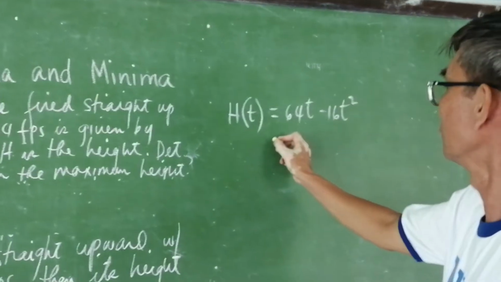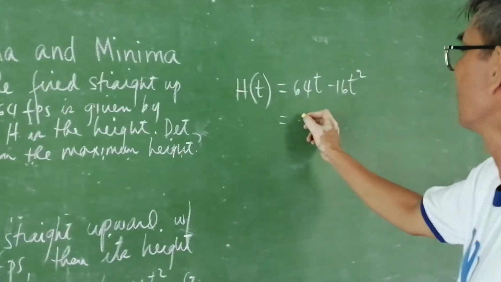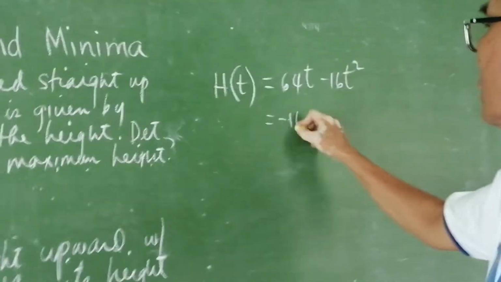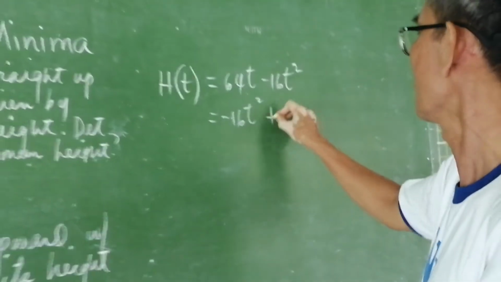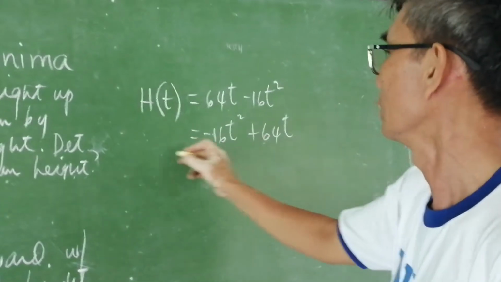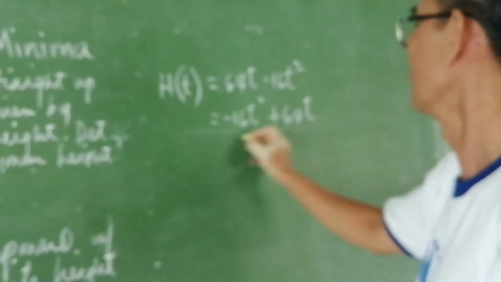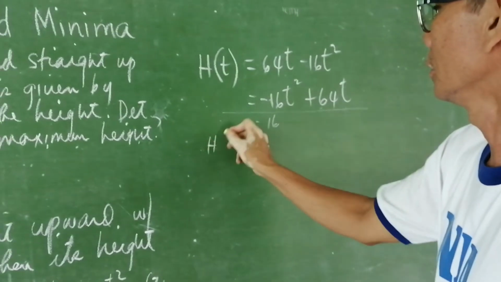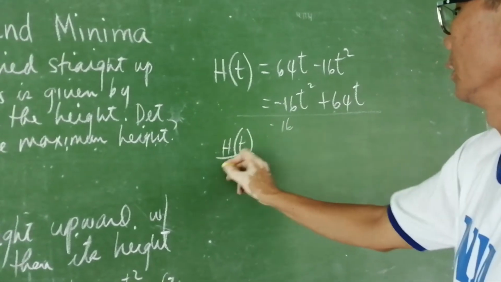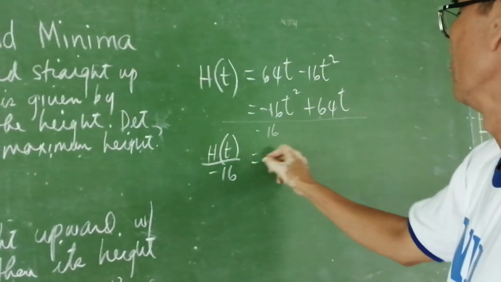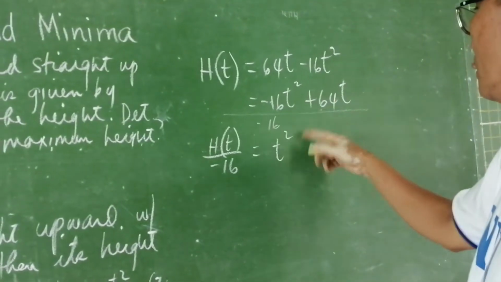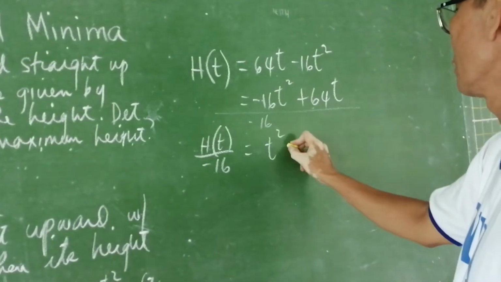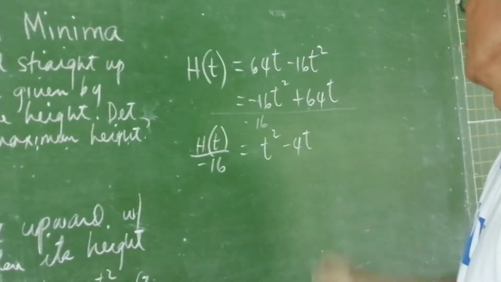We arrange this as negative 16t squared plus 64t, and we divide this by negative 16, so h of t over negative 16 will be equal to t squared, 64 divided by 16 is 4t.